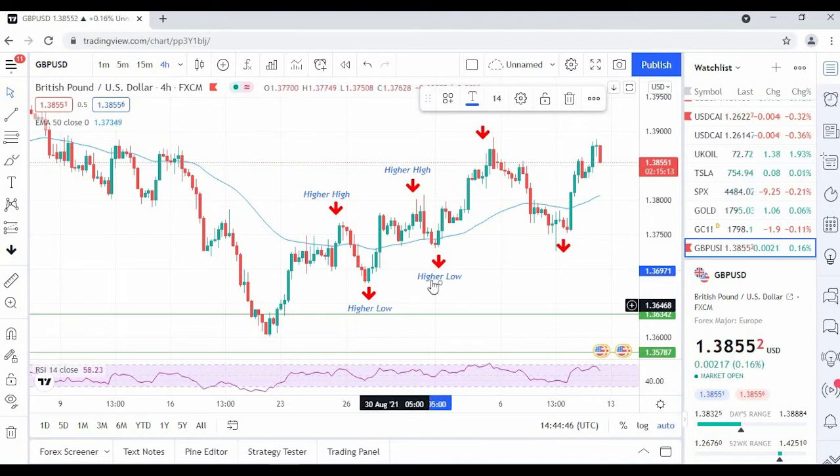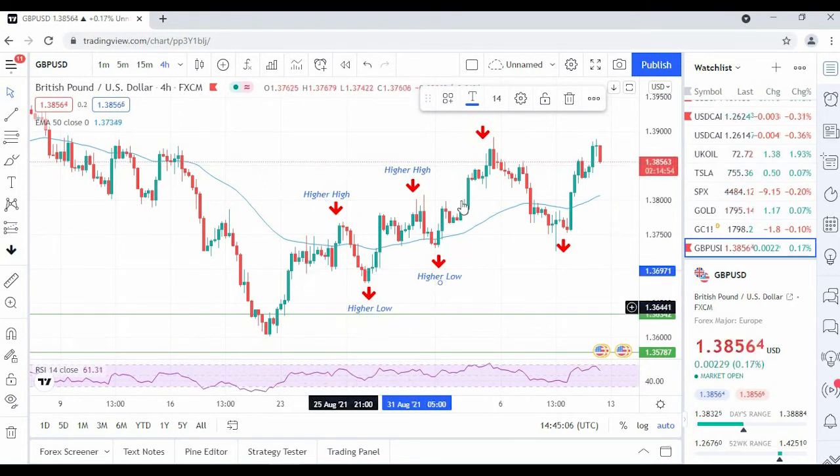So once you can identify two clear higher highs and two clear higher lows, that confirms the trend. If you don't have something looking like this, then the trend is not valid.